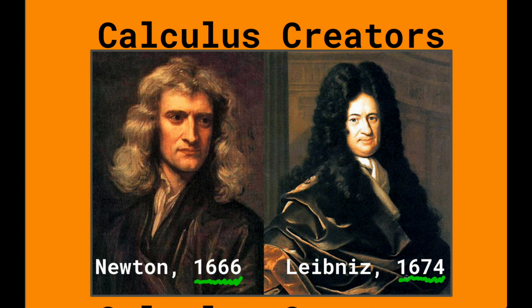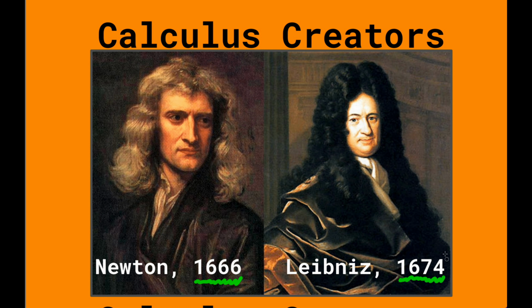But Newton even had a famous quote where, if he created anything, it was by standing on the shoulders of giants. So by standing on the shoulders of other people's studies, he was able to study other things and figure out other things as well. So I don't put a lot of credence into who creates something. It's not that serious. But a lot of times in history books, you'll see that it's these two guys that come up.